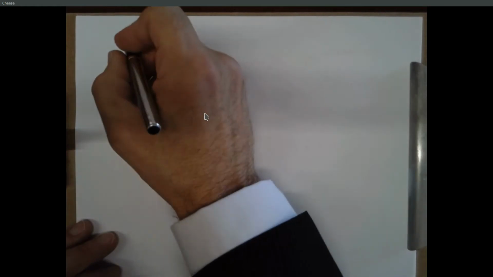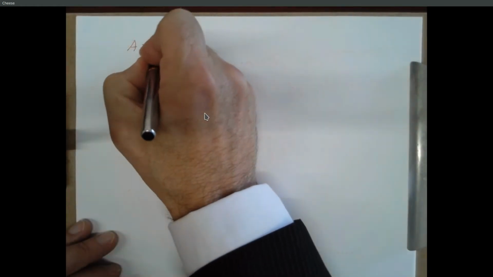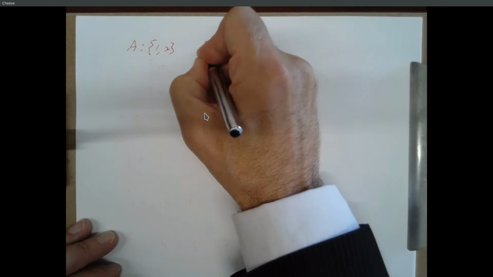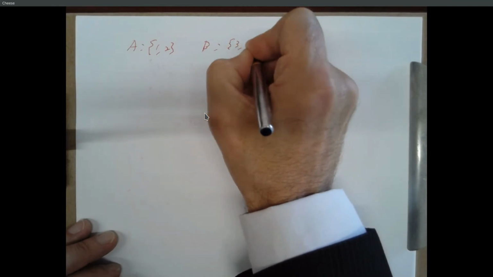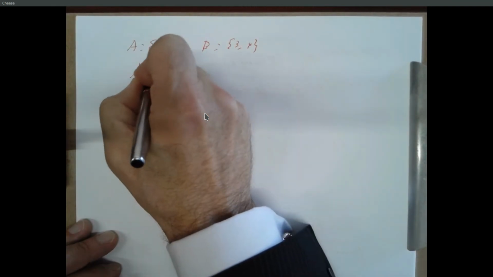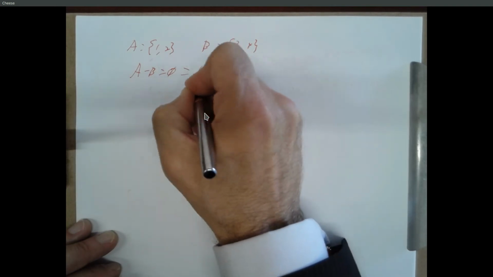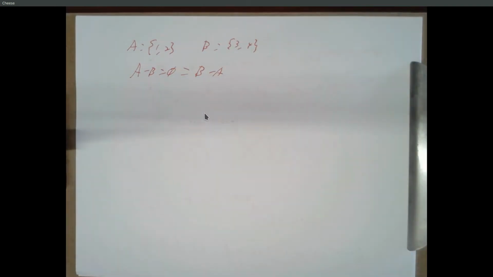For example, if A equals the set 1, 2, and B equals the set 3, 4, A minus B is the empty set, and so is B minus A. So sometimes A minus B and B minus A are the same thing. But that doesn't prove that they're the same.